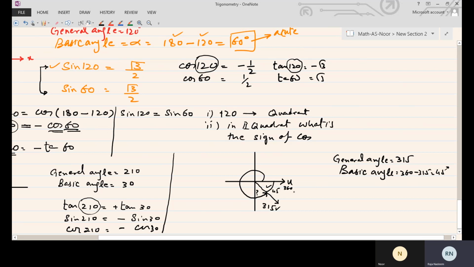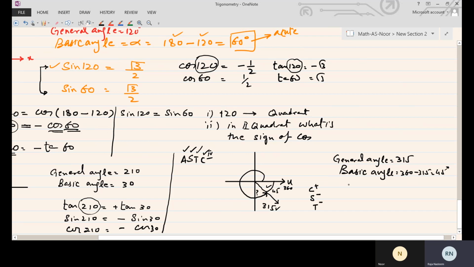Now we think which trigonometrical ratio is positive in the fourth quadrant. It's better if you write A S T C. A is for the first quadrant, S for sine is the second quadrant, T for tan is the third quadrant, C for cos in the fourth quadrant. So in the fourth quadrant, cos is positive. If cos is positive, then sine is negative, tan is negative.